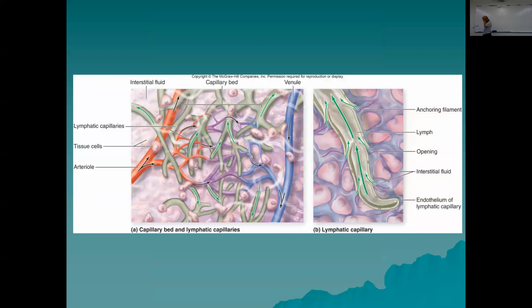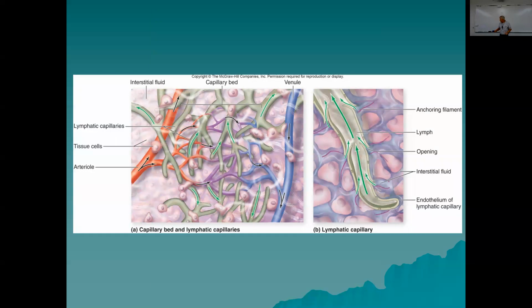So here is a capillary bed, and we have regular blood capillaries, and interspersed between them are lymphatic capillaries. And on the right, you'll see the lymphatic capillaries. They're blind-ended, they're dead ends.